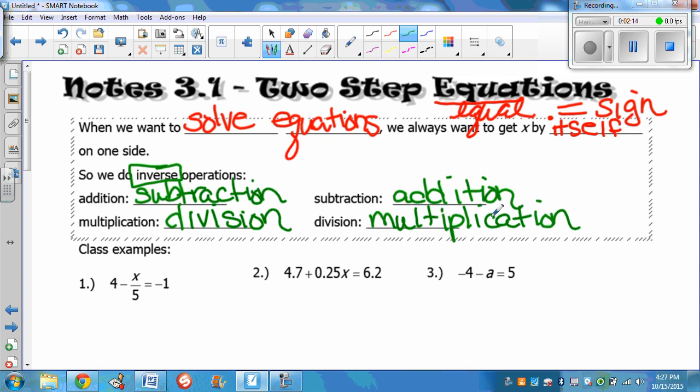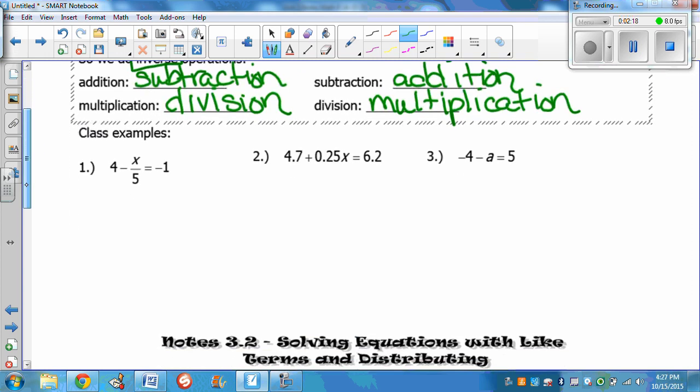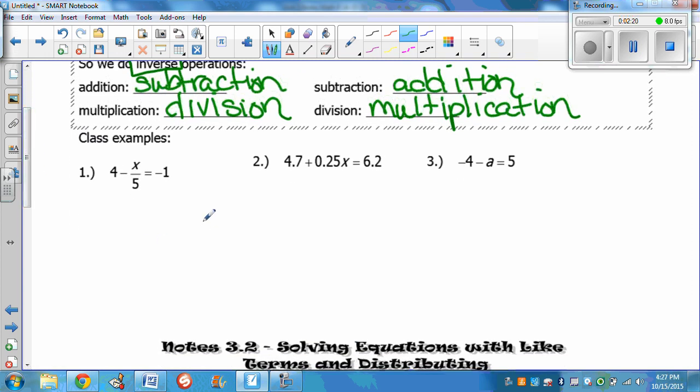Okay, so let's look at some of these examples here. It says 4 minus x divided by 5 equals negative 1. And then we have this second equation over here. This first one has a fraction in it, and this one has some decimals in it.